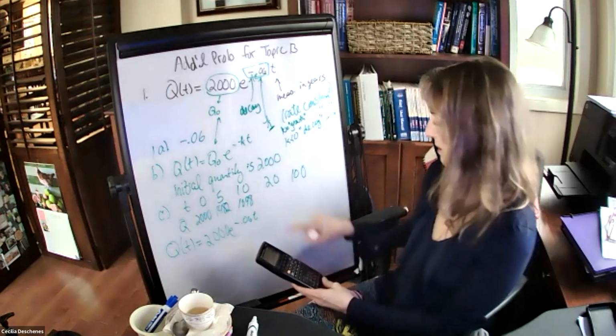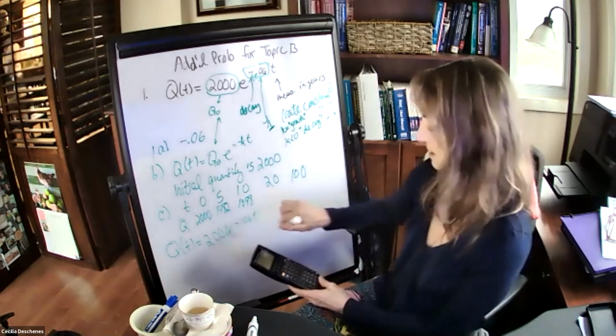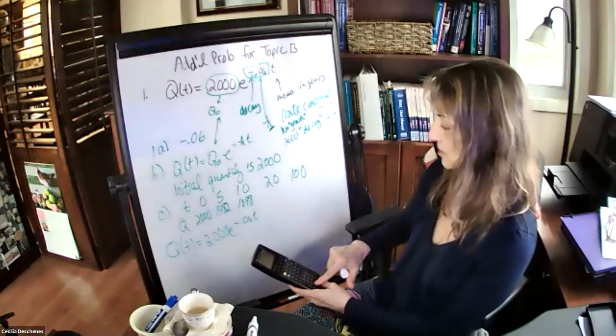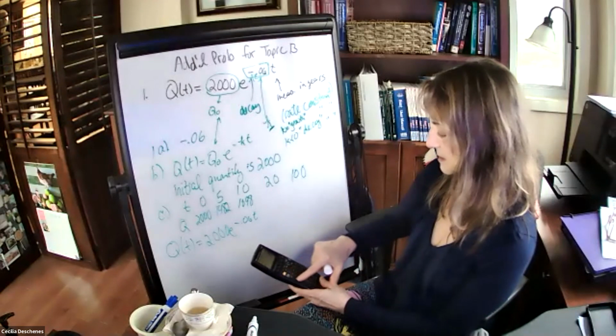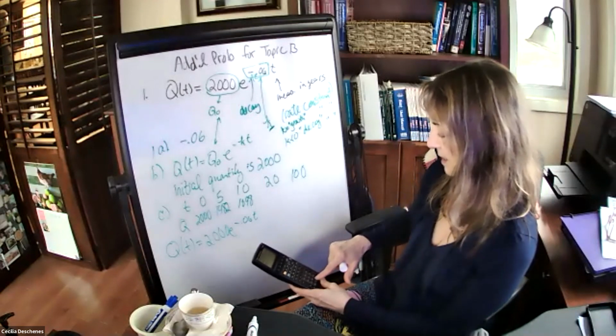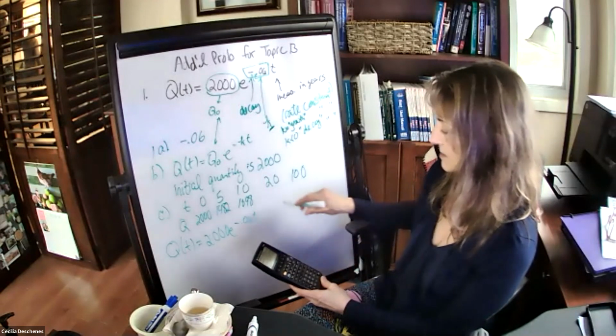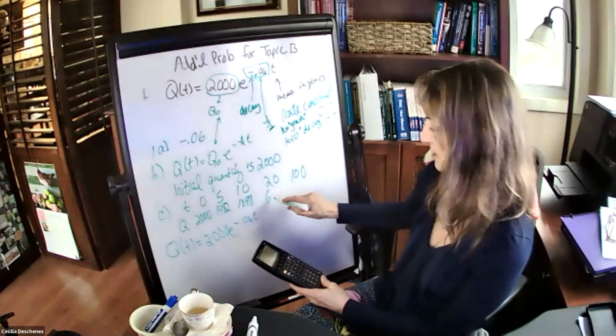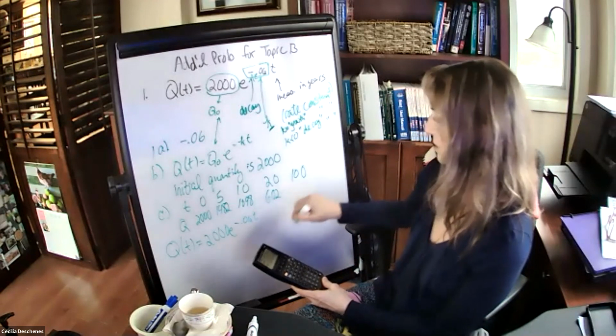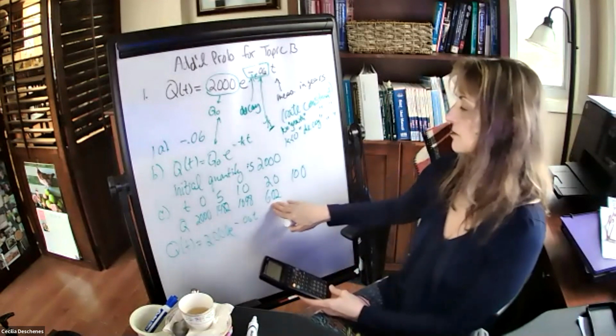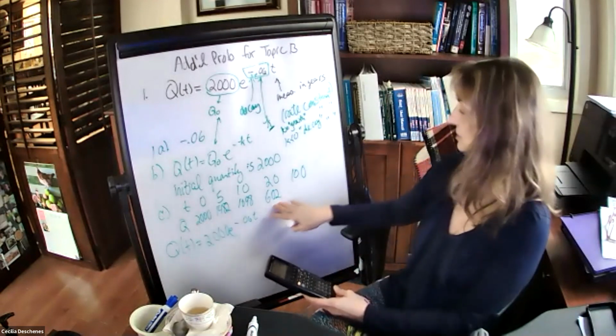Now if we're going to put in 20, we're going to get 2000 times e to the negative 0.06 times 20. And we see that now the number drops to 602. So in 20 years we dropped from 2000 to 602.